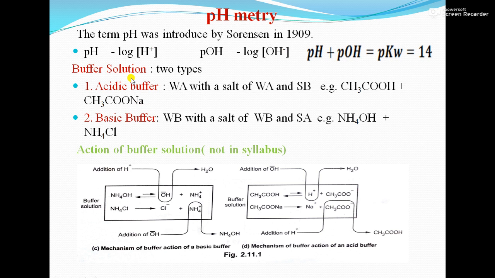So that is one acidic buffer. Similarly, a basic buffer is a weak base with the salt of the weak base and a strong acid. NH4OH is the weak base and the strong acid is HCl.